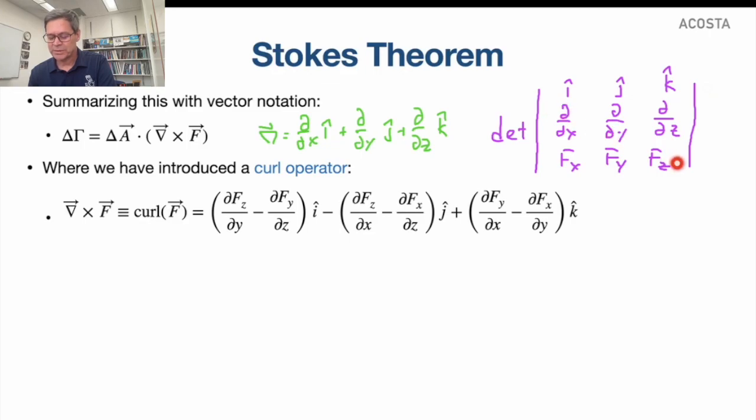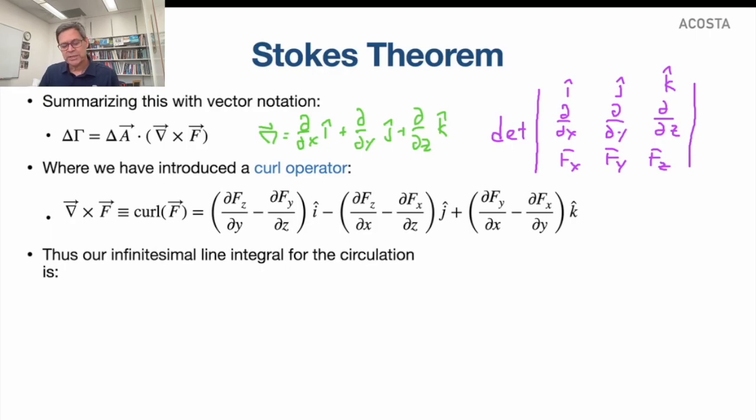It's d/dx of f_z minus d/dz of f_x, but because every odd column gets a minus sign, it's flipped, so there's a minus there, as I've said. Then finally for the third column, I block that off, and I have d/dx of f_y minus d/dy of f_x in the k hat direction. And that's how I can write that down. So we've introduced the curl operator here.